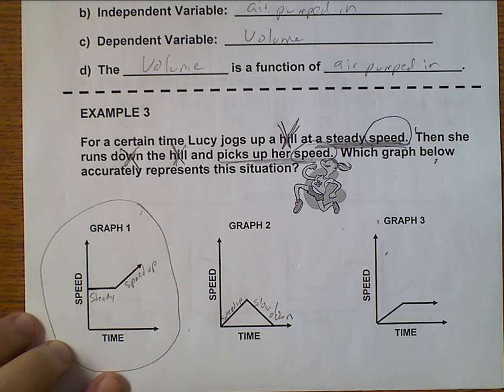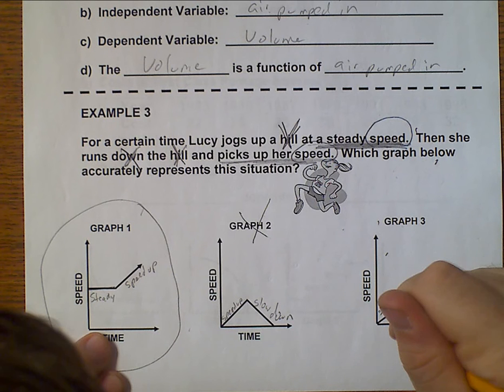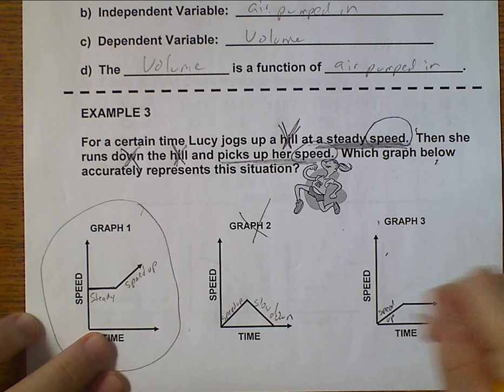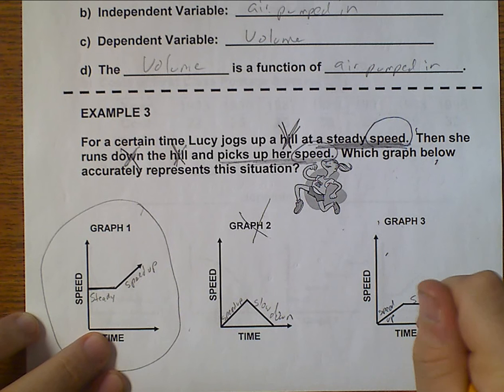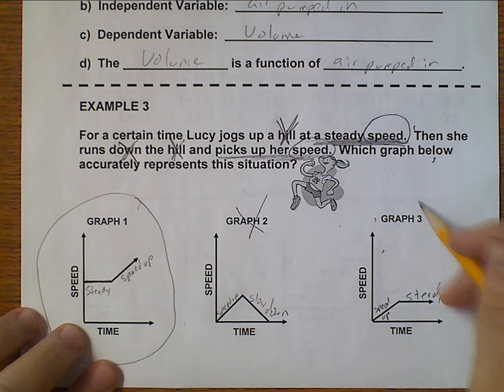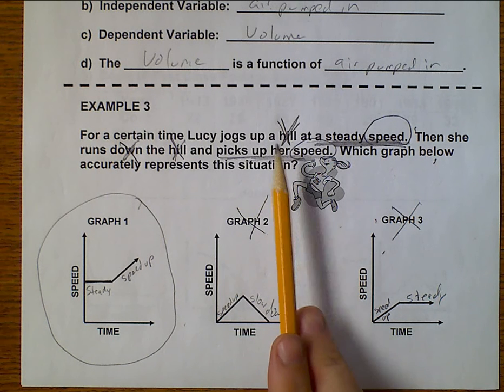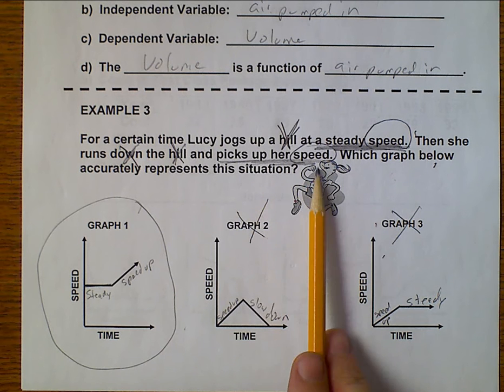And over here, I speed up, and then I go steady. That's not it. So graph 1 is the graph that we wanted because we don't care about the elevation. What we care about is her speed. That's why it's not graph 2.